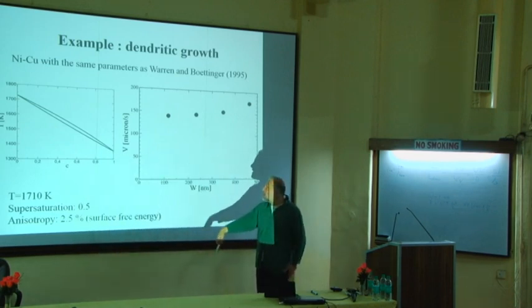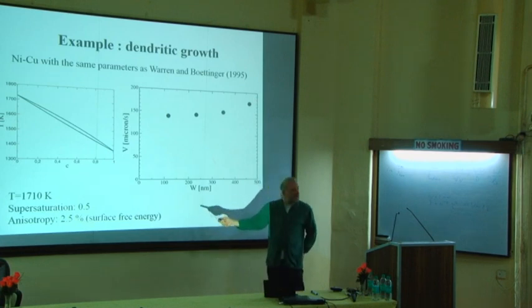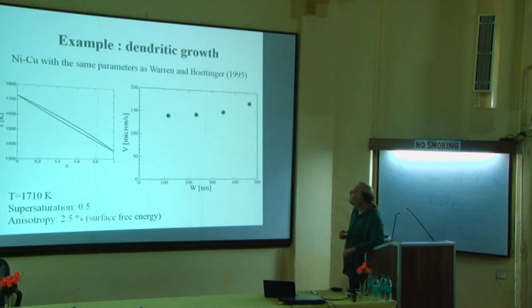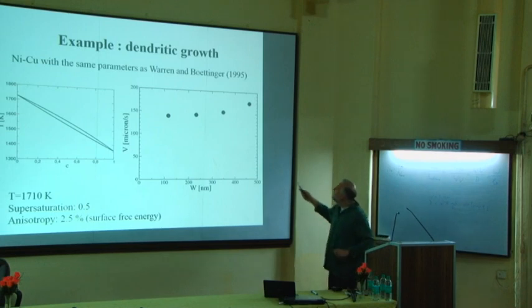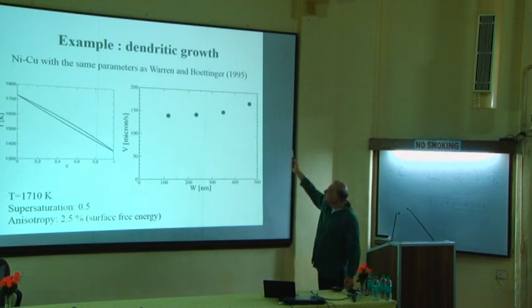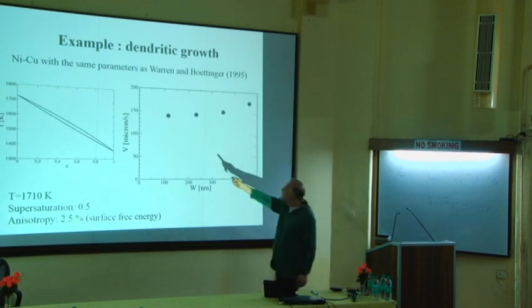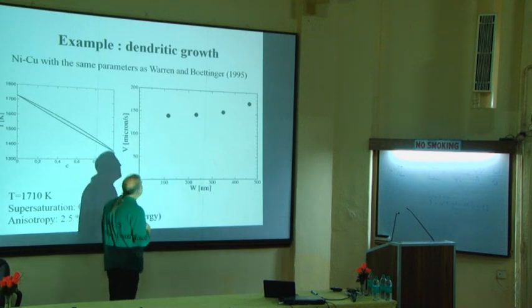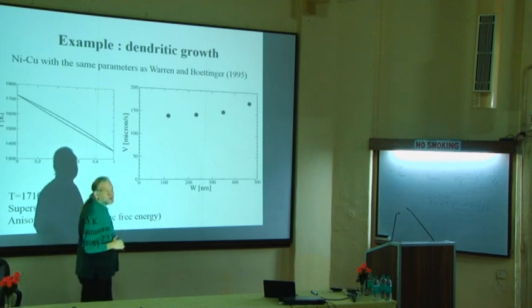I have fixed an anisotropy value, and I have calculated dendrites. And here you see, I don't even have a picture of the dendrites, but that's not important. What is important is the dendrite tip growth speed as a function of the interface thickness. And as you can see, it converges quite well. So if you draw by line in your mind a fit through these points, you see that the real growth speed that you would approach with zero interface thickness would be like 140 microns per second.